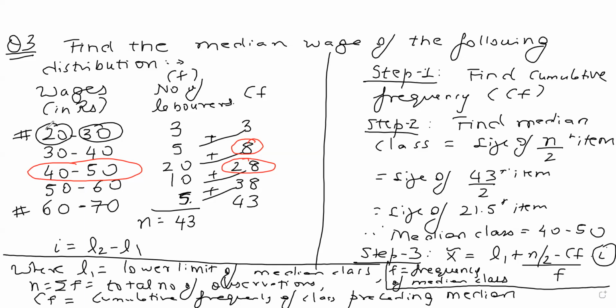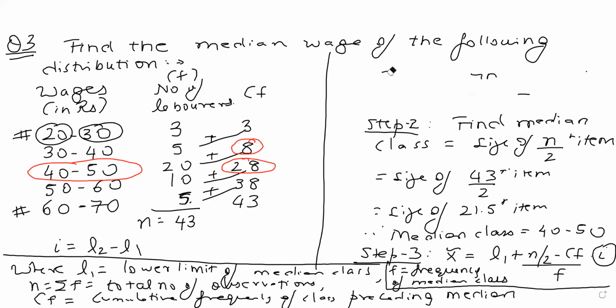Now I just have to apply this formula. So if I erase this part off, step 3, median is equal to, what is the lower limit of the median class? 40. Plus, what is n by 2, guys? N by 2 automatically came out as 21.5.